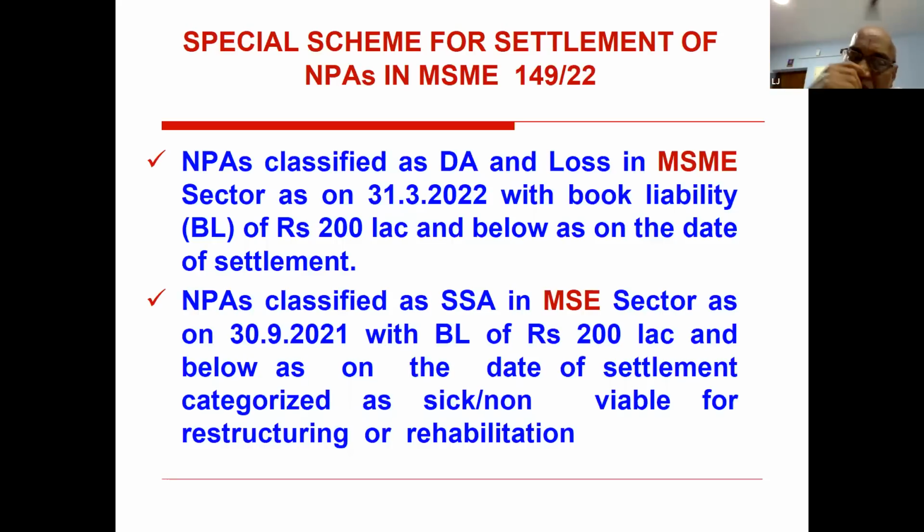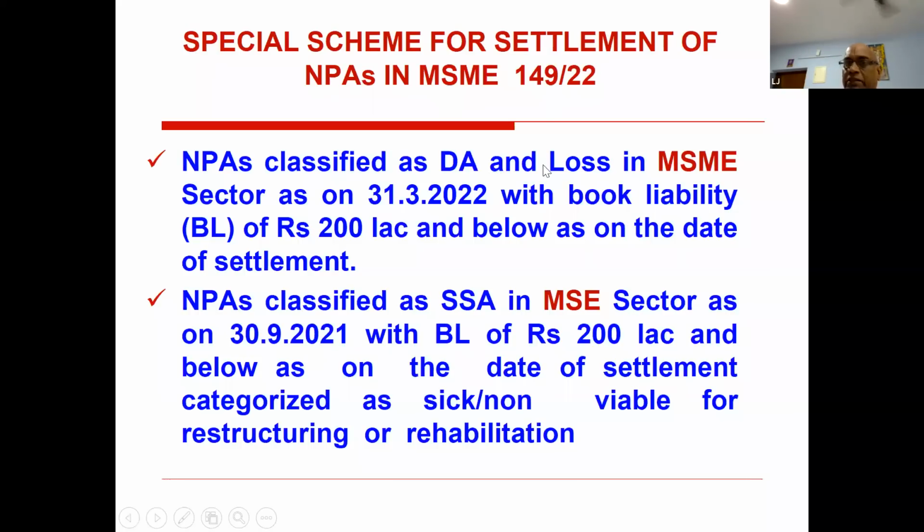It should have been classified as NPA substandard as on 30/9/2021, and the book liability again should be 200 lakhs and below, and the account is not eligible for restructuring or rehabilitation. In that case, MSE as on 30/9/2021 substandard and above, you can bring under the special OTS scheme.